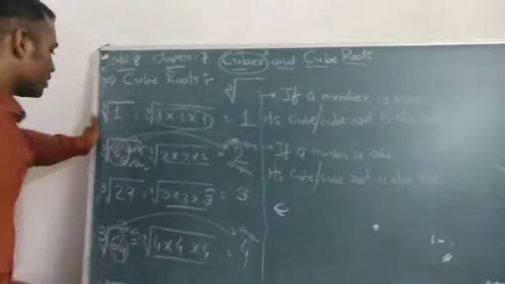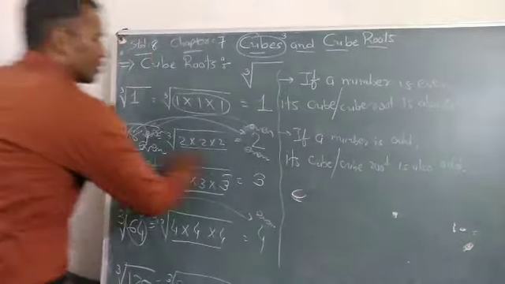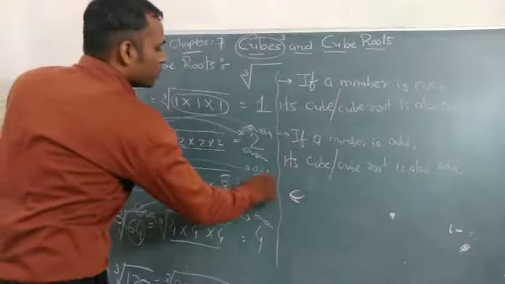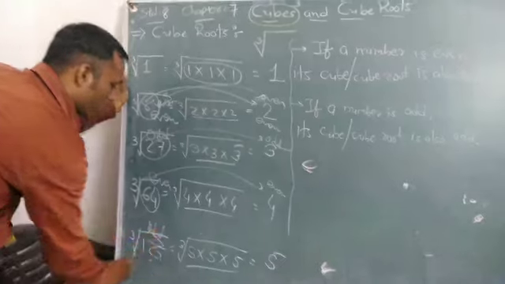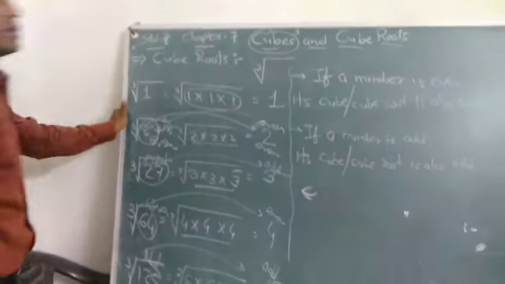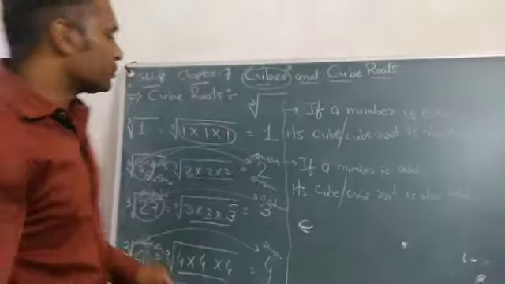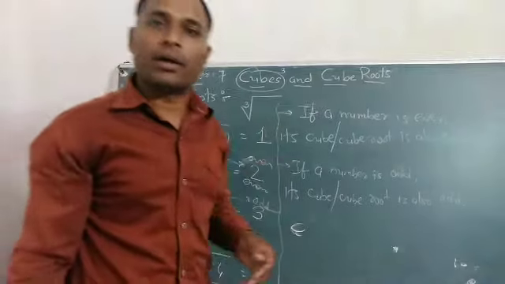Suppose 27 is odd and its cube root 3 is also odd. 125 is odd and its cube root 5 is also odd. Clear? So now this is your rule of even or odd.